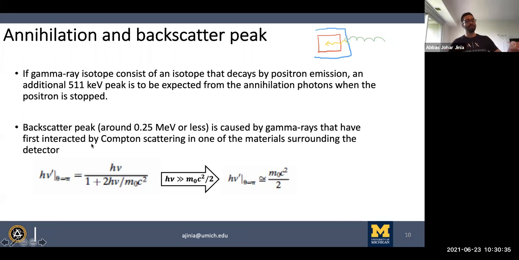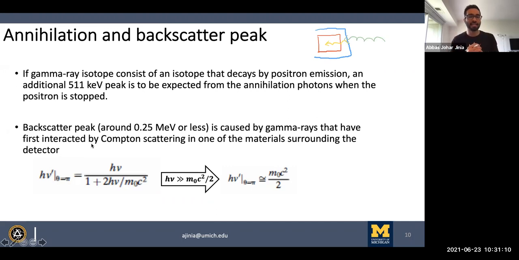Now remember, these gamma rays can undergo any of the three reactions that we talked about. If the scattered gamma ray, once it enters the detector, undergoes Compton absorption, that's the ideal case. But there is a probability that a given gamma ray will undergo Compton absorption, and this probability is a function of energy and the detector material.